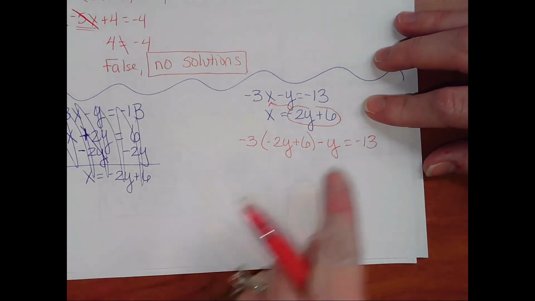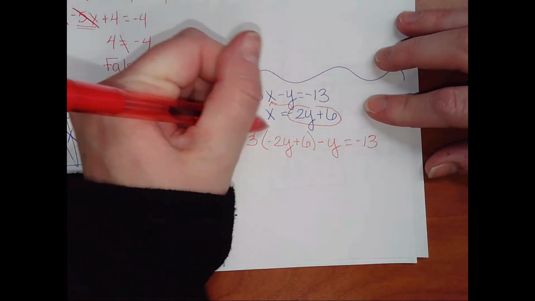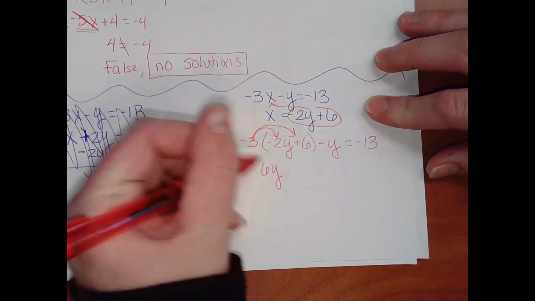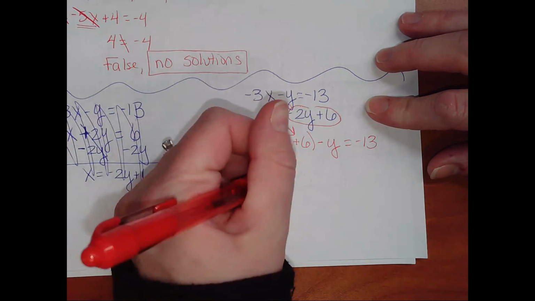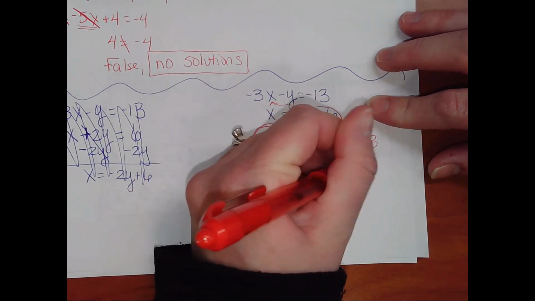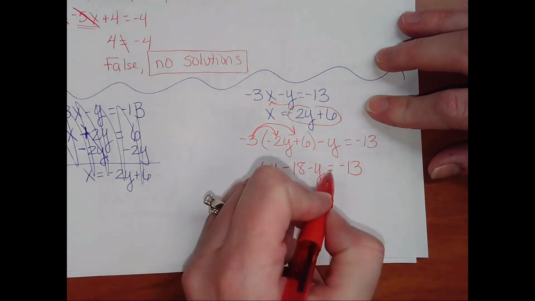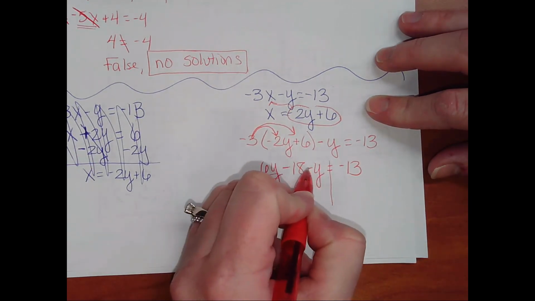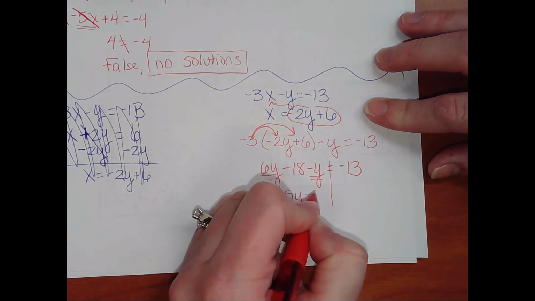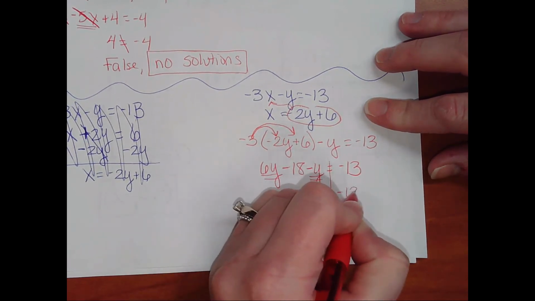I have all the same variable, so I'm going to distribute: 6y, and then negative 3 times positive 6 is minus 18, minus y equals negative 13. Combine like terms, 6 minus 1 is 5y, and then I have minus 18 equals negative 13.